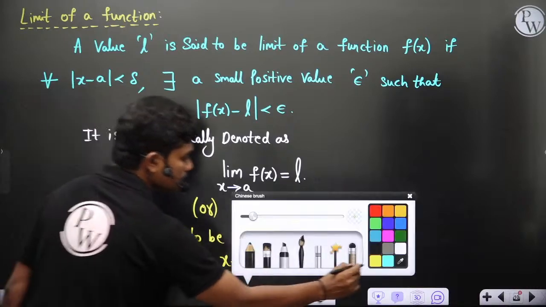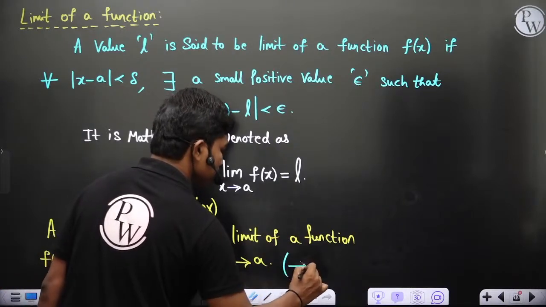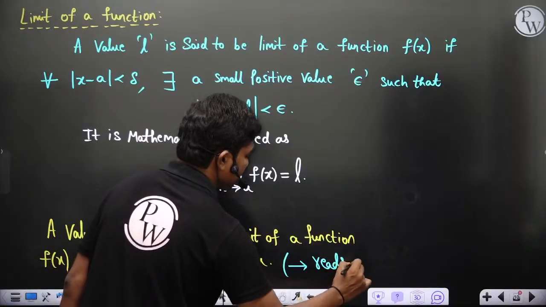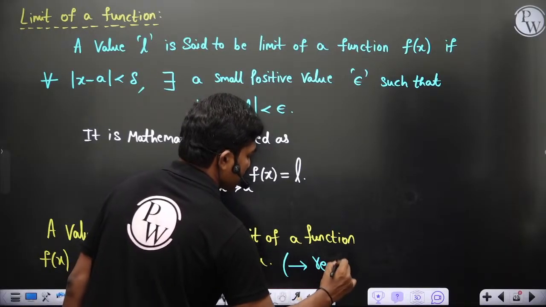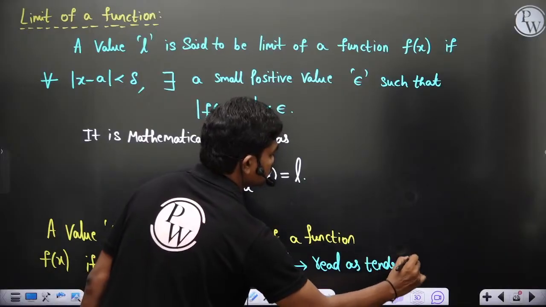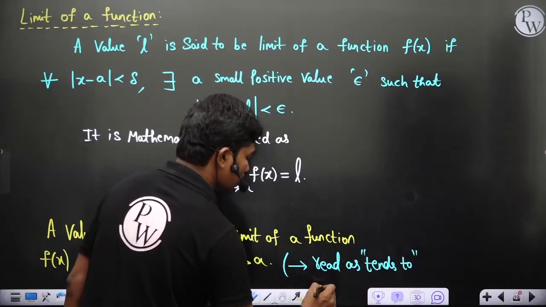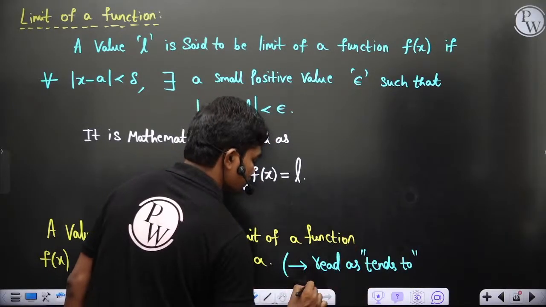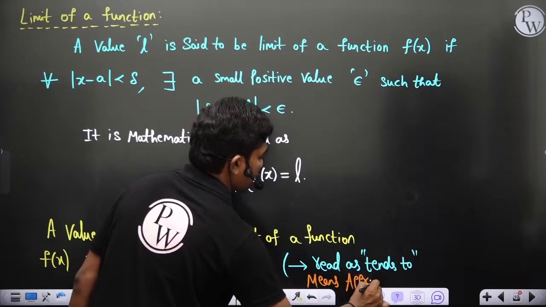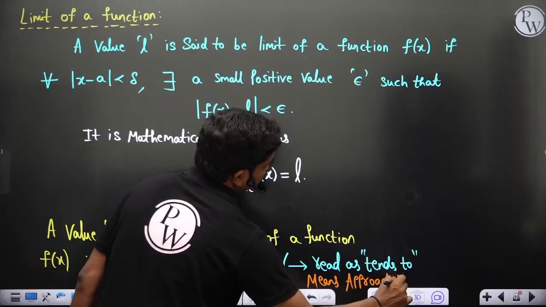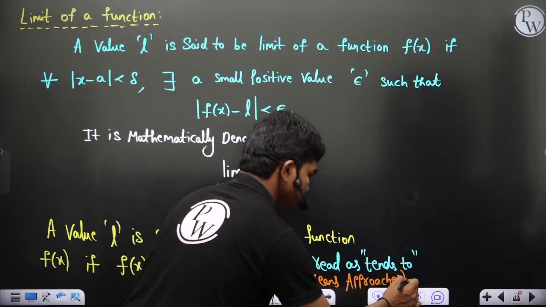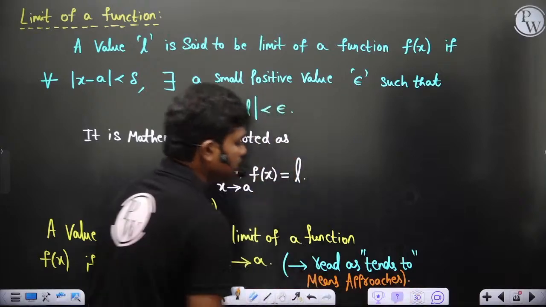This arrow symbol should be read as 'tends to', which means approaches. Clear? So it means approaches.